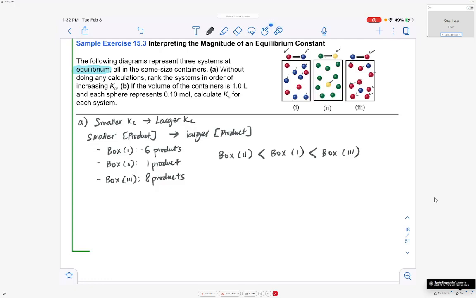Okay, so therefore this rank is the same as the Kc rank. So box 2 has the smallest Kc, and then box 3 has the largest Kc value because the concentration of product is increasing in this order.